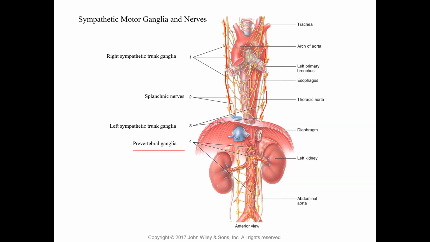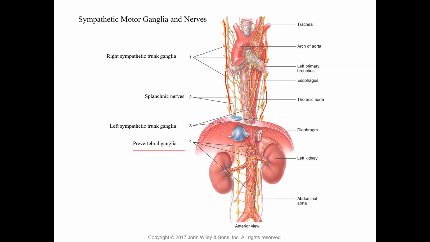In the sympathetic trunk ganglia, the postganglionic neurons innervate organs superior to the diaphragm. So it'll be your esophagus, your trachea, the aorta, etc.